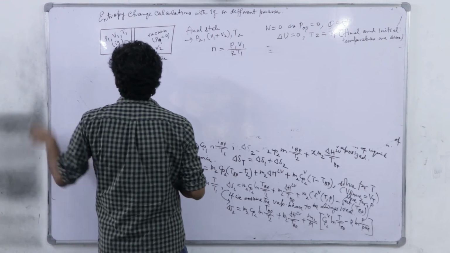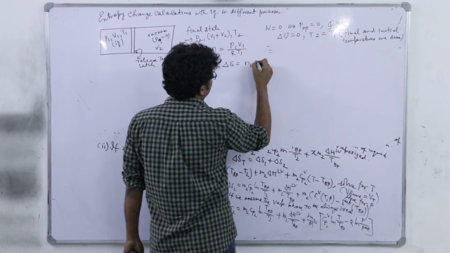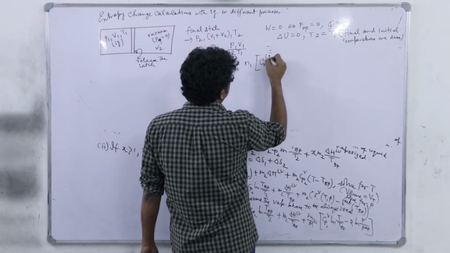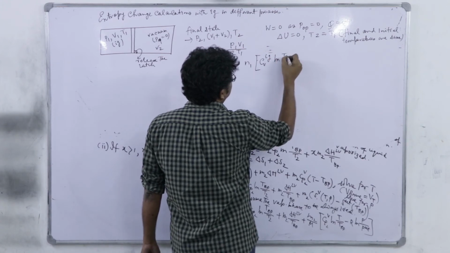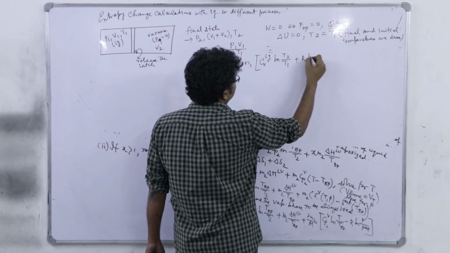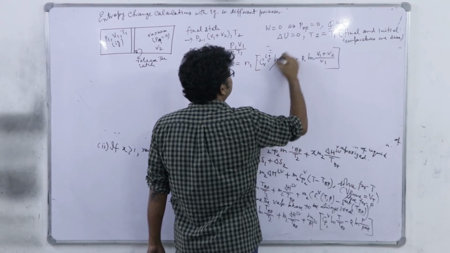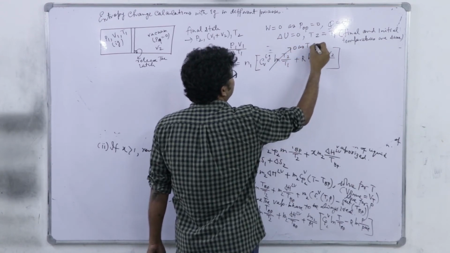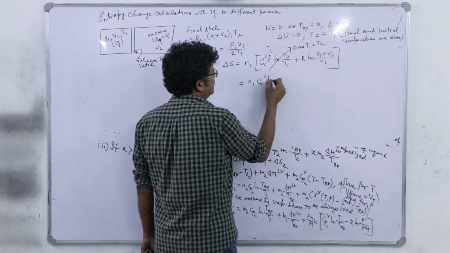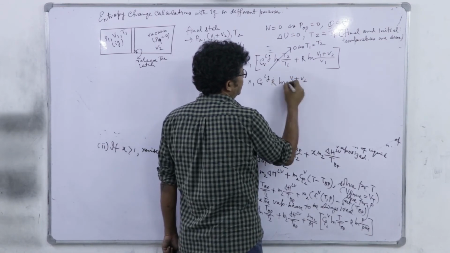We have to calculate the number of moles, and the entropy change will be equal to N1 CV(IG) ln of T2 by T1 plus R ln of (V1 plus V2) divided by V1. You see this part is 0 as T1 is equal to T2. So, we can write N1 CV(IG) R ln (V1 plus V2) divided by V1.